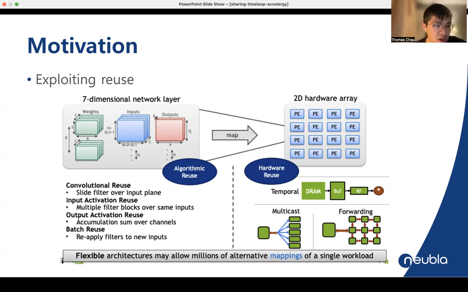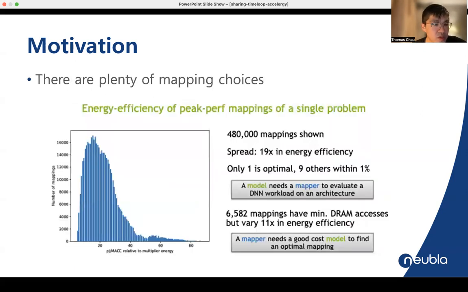Up until here, several key questions arise. What are the different ways to map an algorithm to hardware? How many ways of mapping are there? It turns out there are millions of alternative mappings for a single workload on a single architecture. This diagram below is a histogram showing the number of mappings on the y-axis versus energy efficiency on the x-axis.